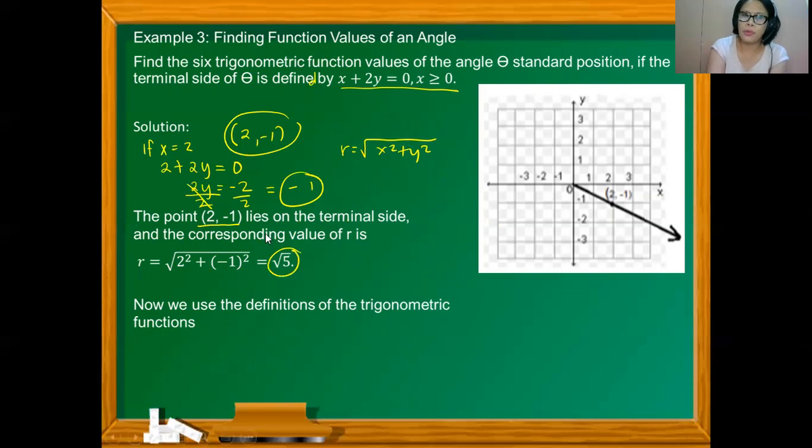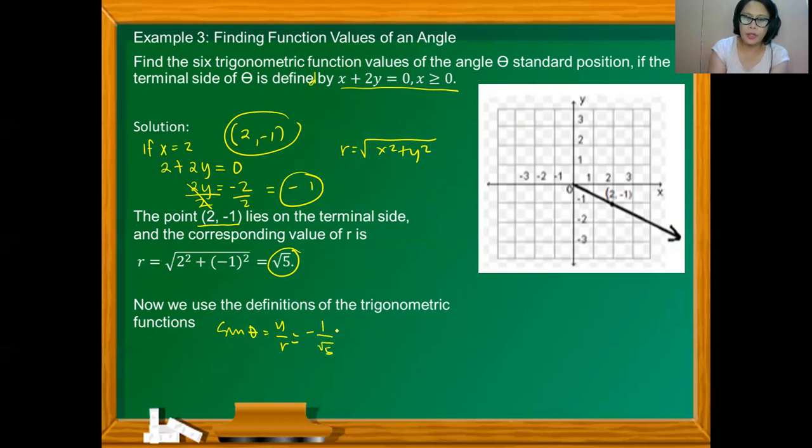So we use the definitions of the trigonometric functions. So we can solve for sine theta. So sine theta again is y over r. So sine theta is negative 1 over square root of 5.